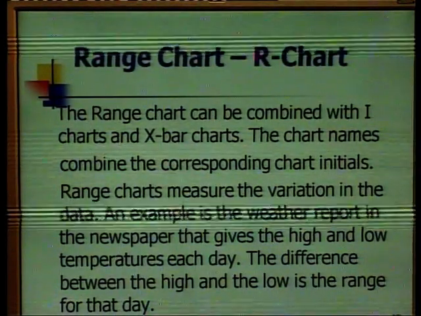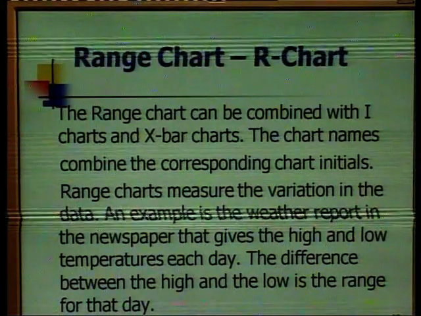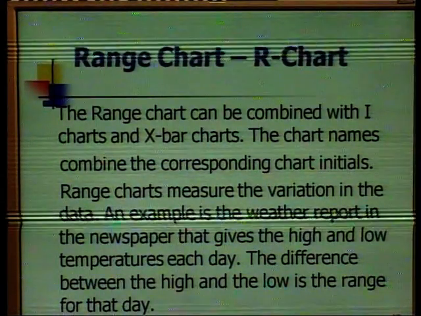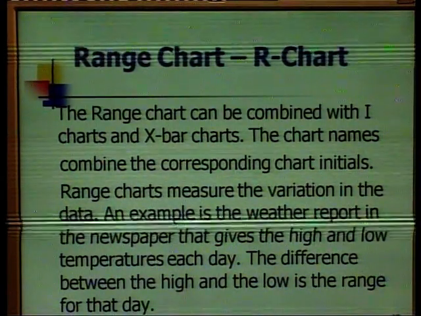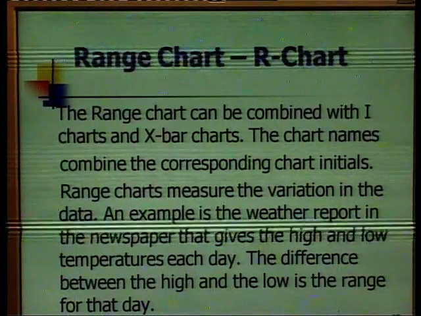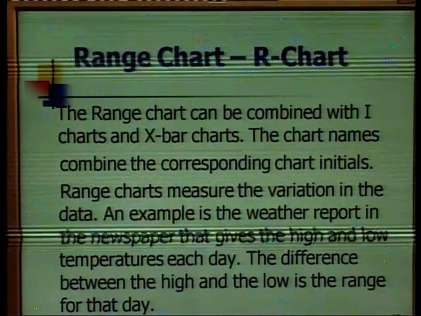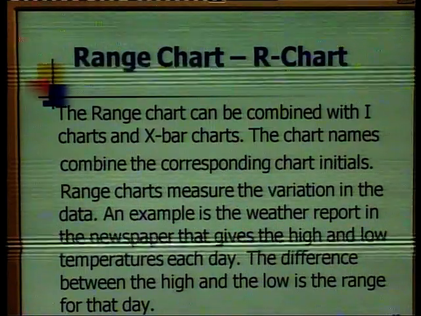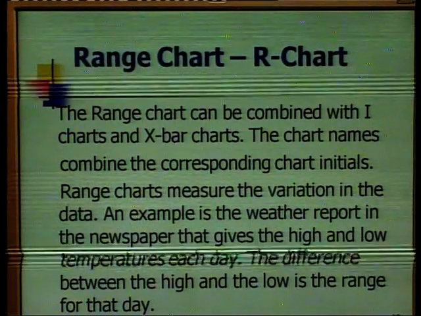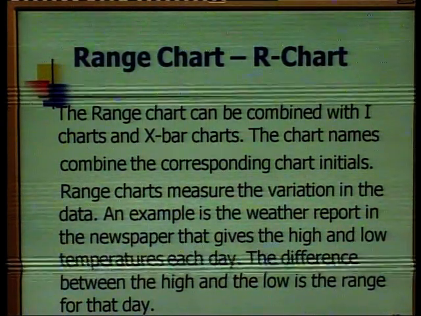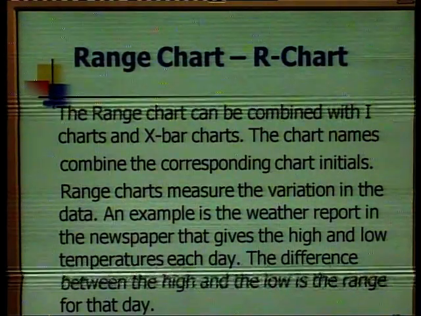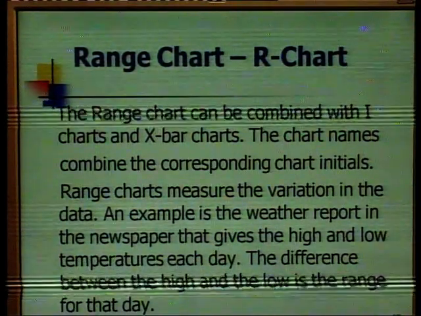An example is a weather report in the newspaper that gives the high and low temperatures each day, and the difference between the high and the low is the range for that day. So, this is how we calculate the range. The difference between the higher value and the lower value gives us the range of that data of that process.